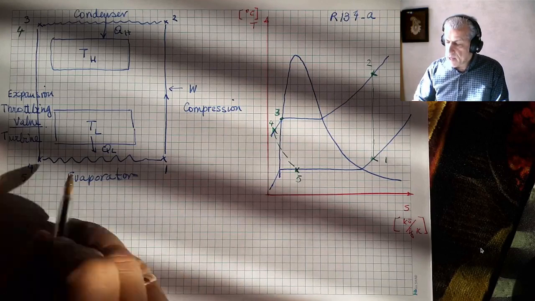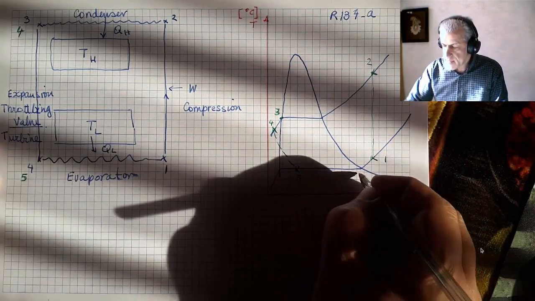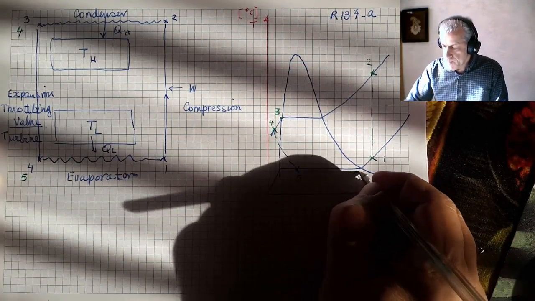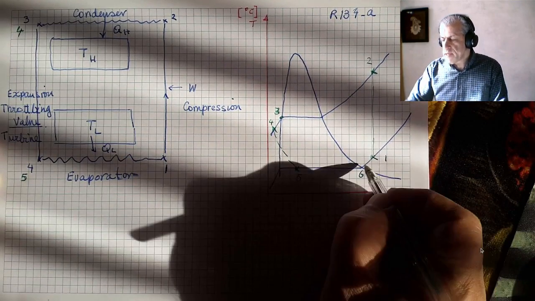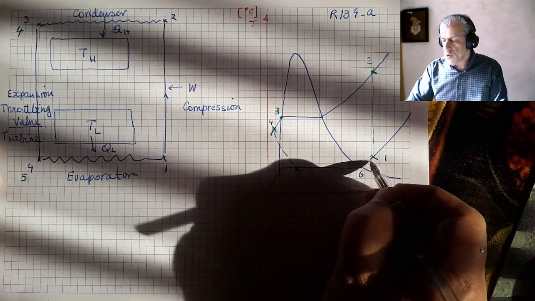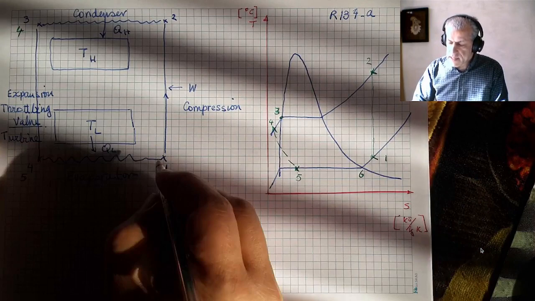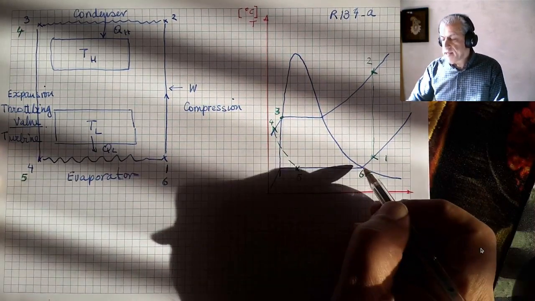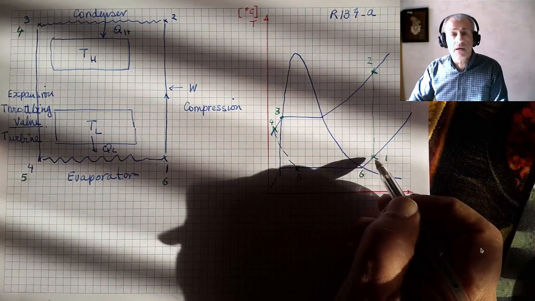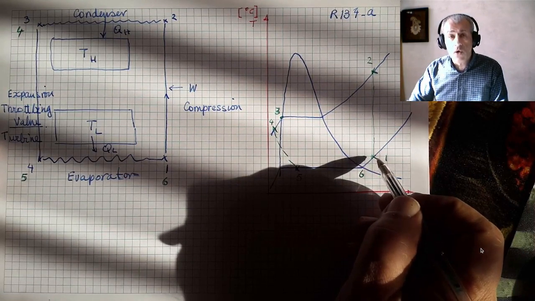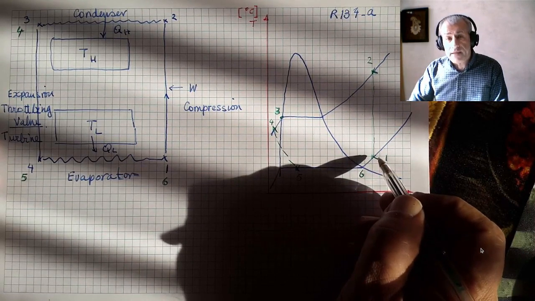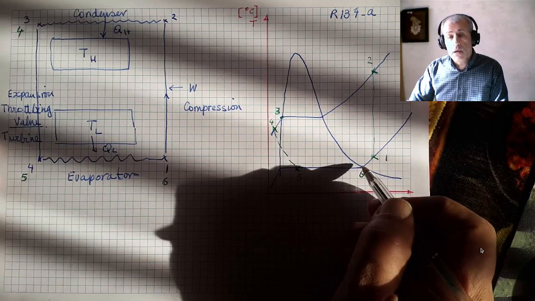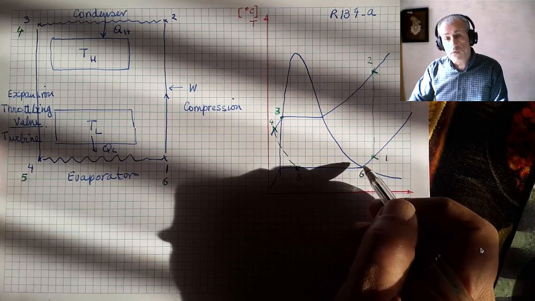And then it comes to a point 6, and then it might be heated somehow to point 1, just to make sure that anything that enters our compressor is vapor and there are no liquid droplets in the compressor, so that there would be no damage to the compressor.